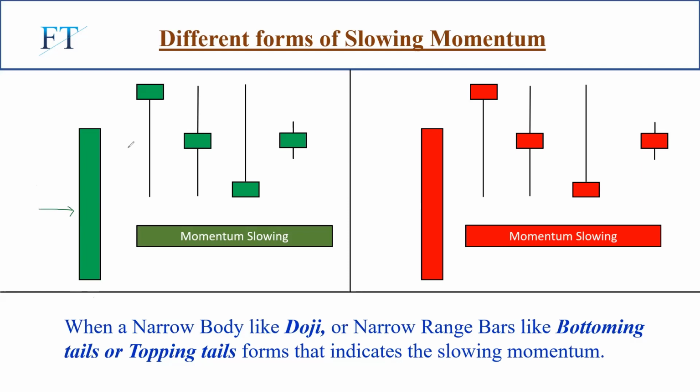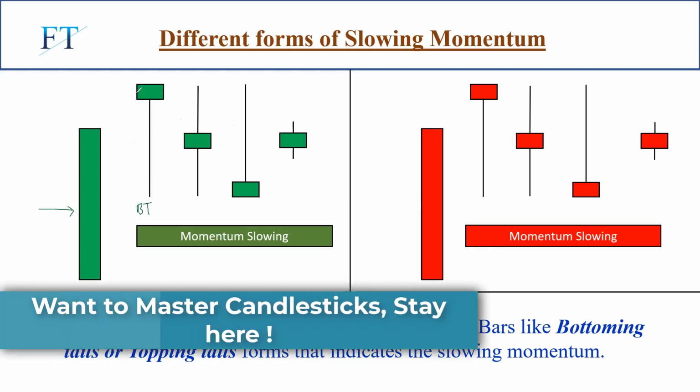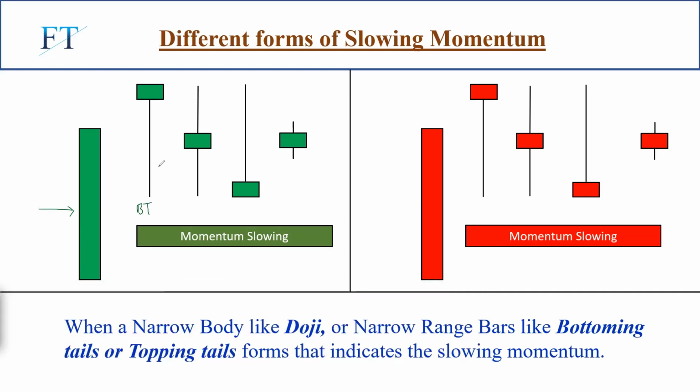Then we go further and see what is happening with the other bars which are now coming on the chart. So all these bars here, whether it's a bottoming tail bar, a bar which has a small narrow body at the top and a long tail, and this bar which has almost equal size shadows in comparison to its body.